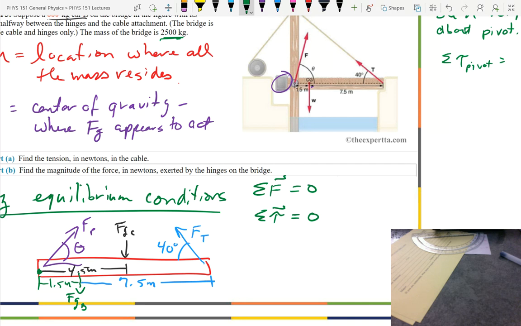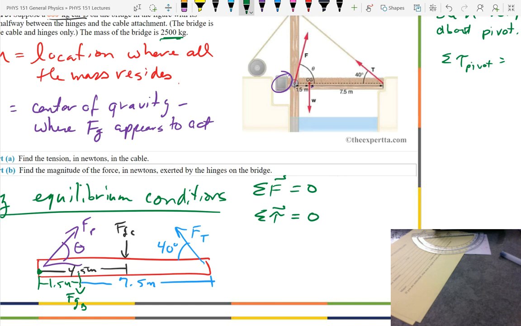Summing about the pin, torque is R cross F, or R times F times sine of the angle between the two. Okay, this being the first time around the block, what is the radius from the pin to where the force on the pin acts, or force of the pin acts?